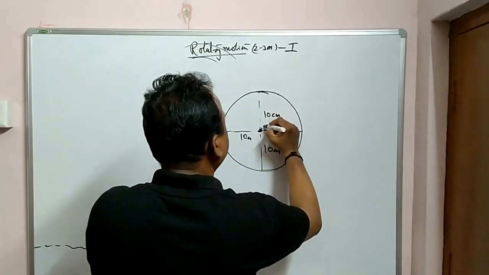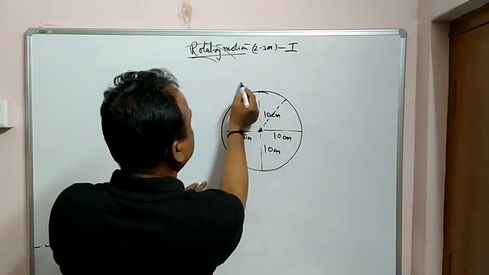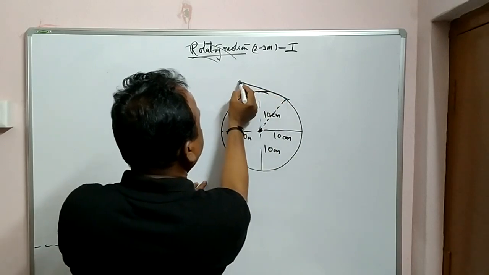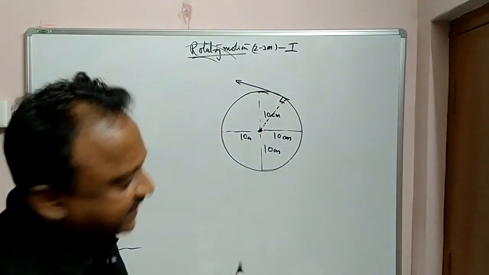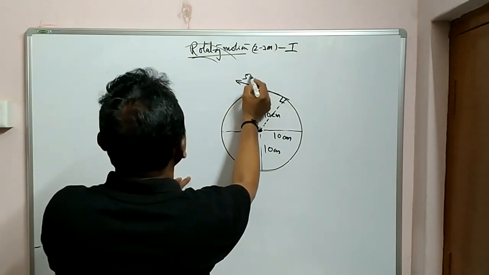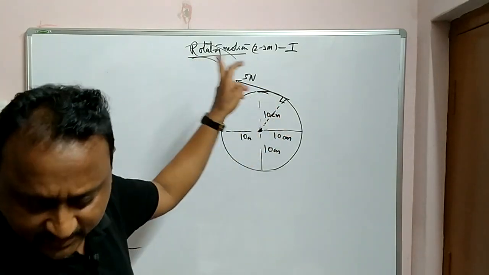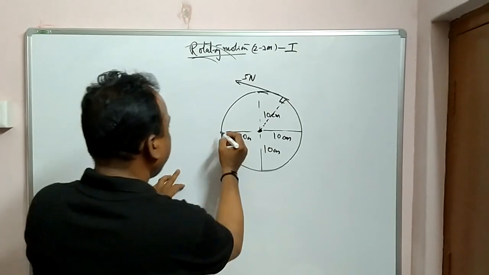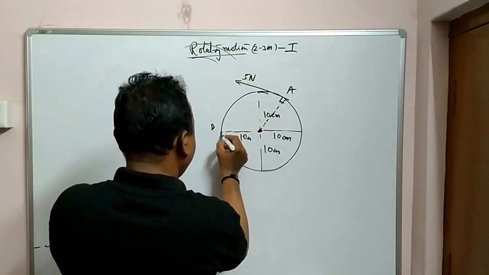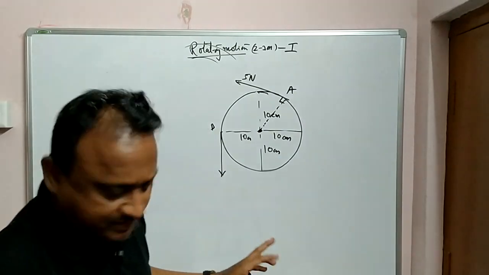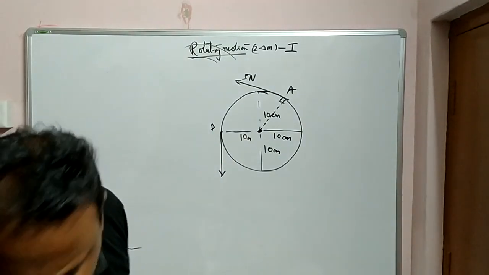Here one force is acting, and that force value is given as 5 newtons in that direction. Next, one more force, I'll name the points A, B. Another force is acting in the downward direction at the point B. How much force? It is 6 newtons.